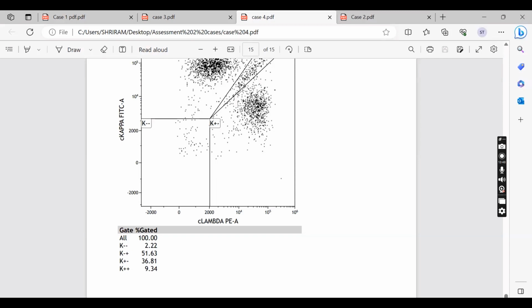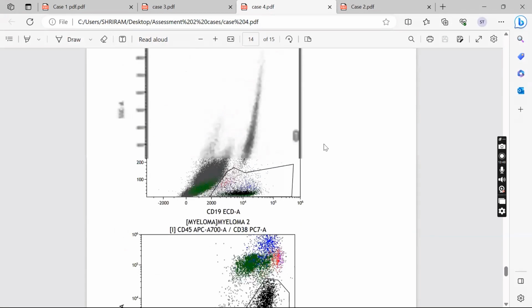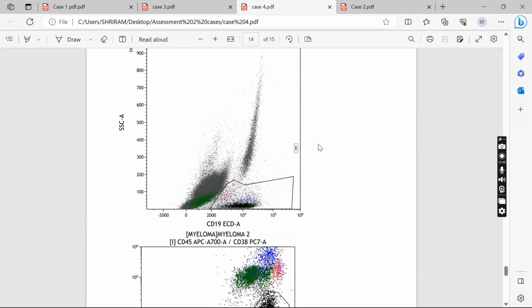You find this population expressing 19, but this population is showing downregulated 19, which is again a myeloma-associated immunophenotype. So we have 3 MAIPs till now. Let's check with any other marker: same 38, 138, and you find 81 is also helping.